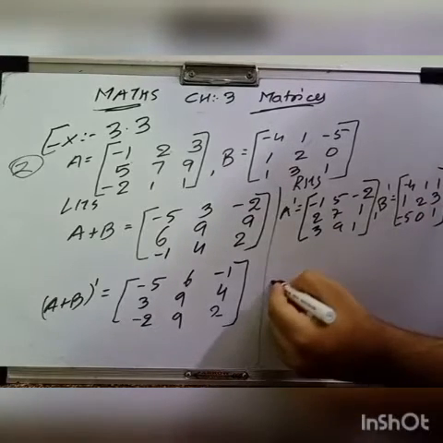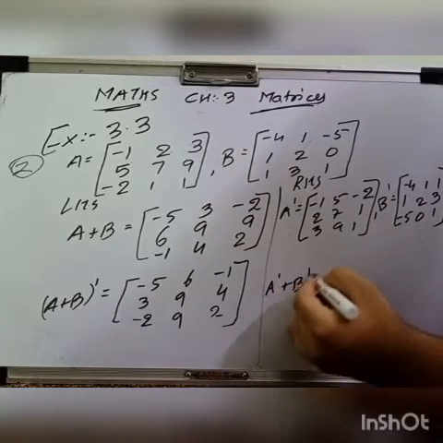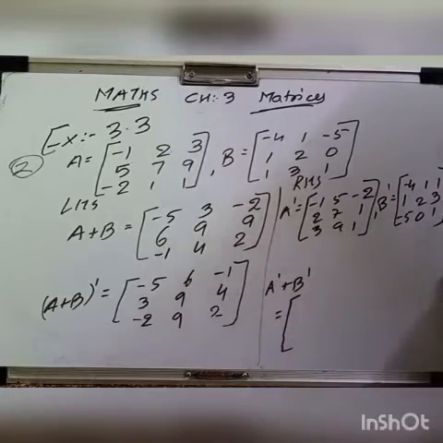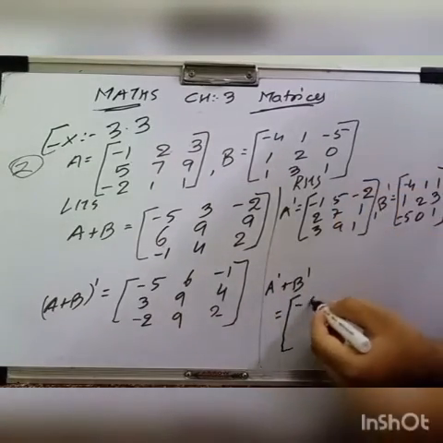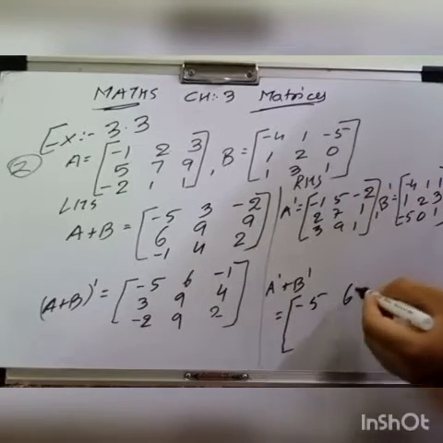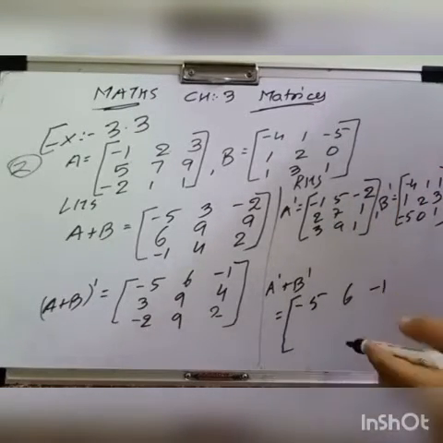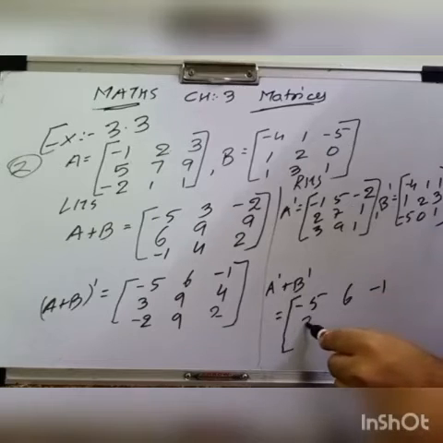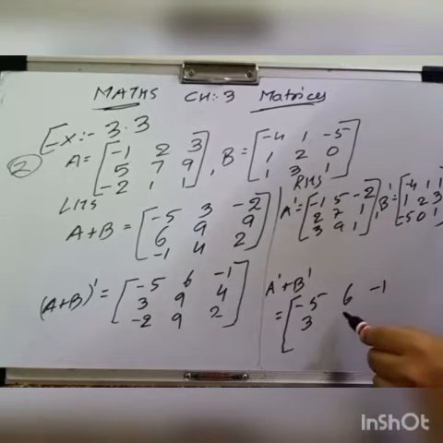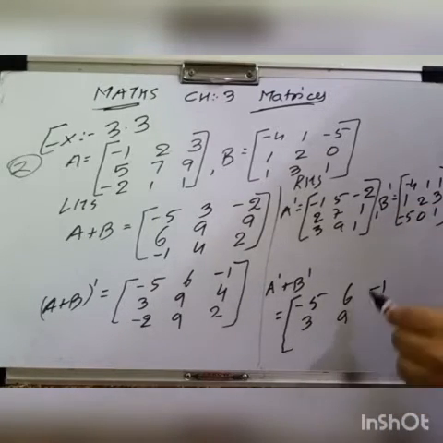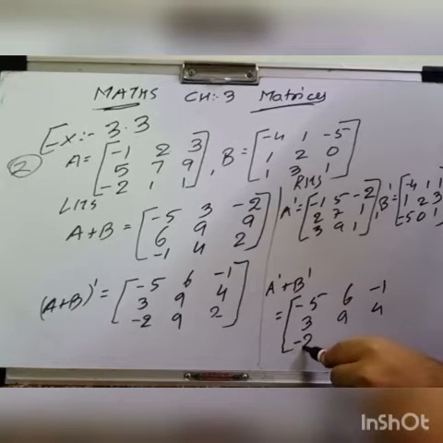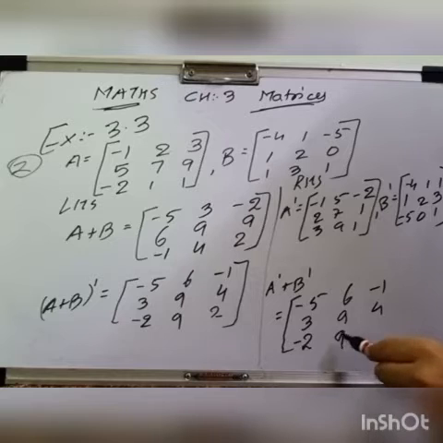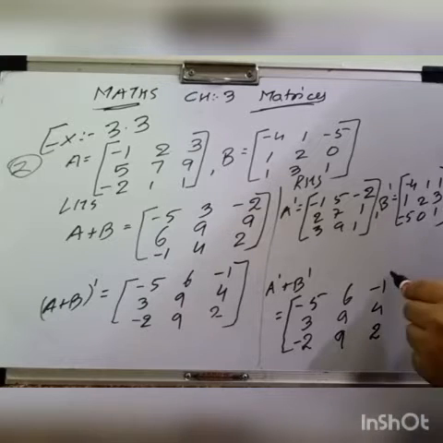Right? And if I add A transpose plus B transpose, then I will have -1 plus -4, -5, 5 plus 1, 6, -2 plus 1, -1, 2 plus 1, 3, 7 plus 2, 9, 1 plus 3, 4, 3 minus 5, -2, 9 plus 0, 9, 1 plus 2.